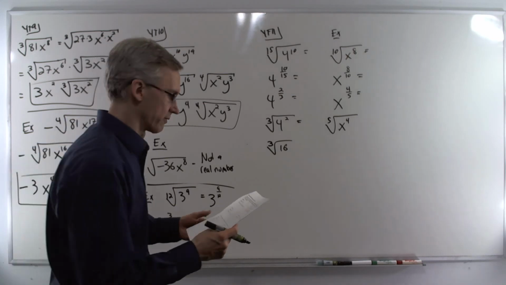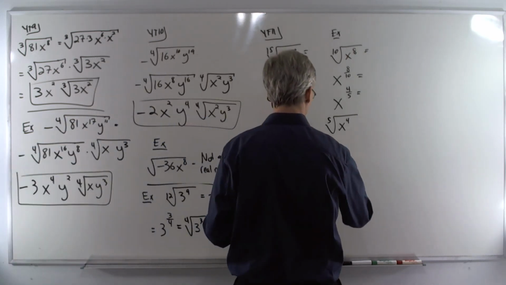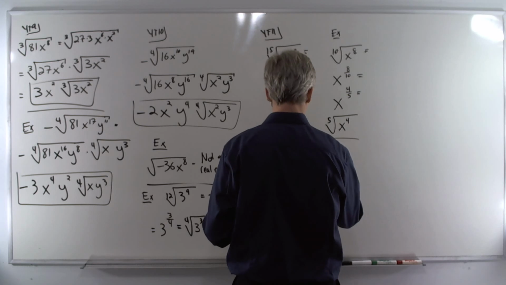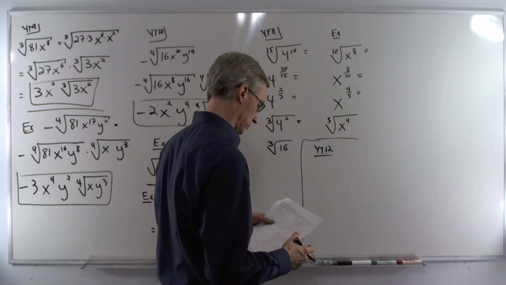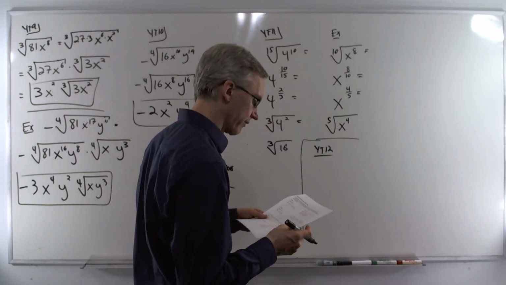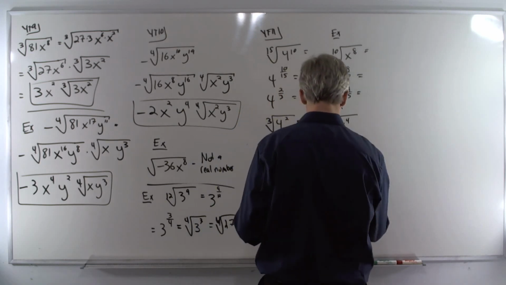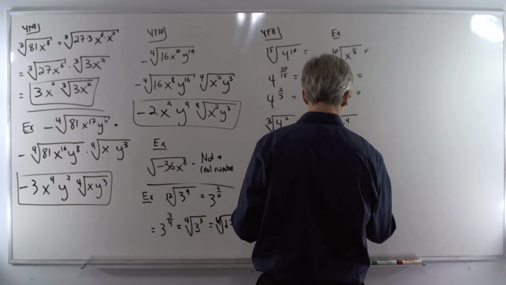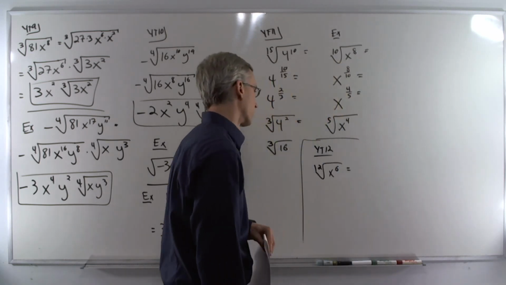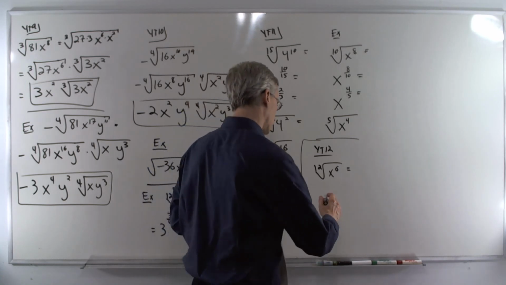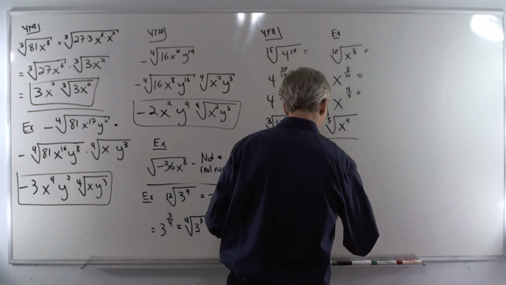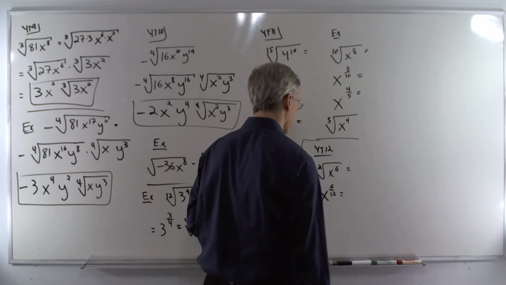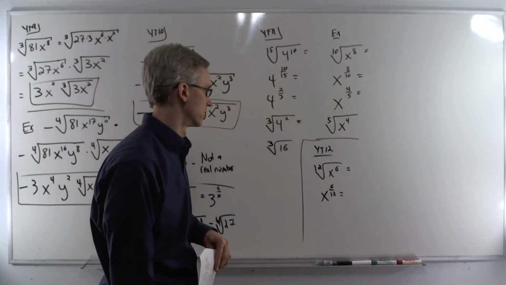Your turn, number 12. We're going to do the 12th root of x to the 6th. All right, that's x to the 6/12.